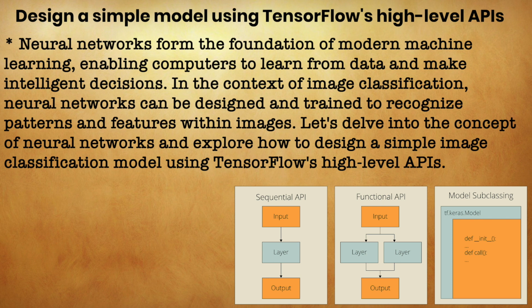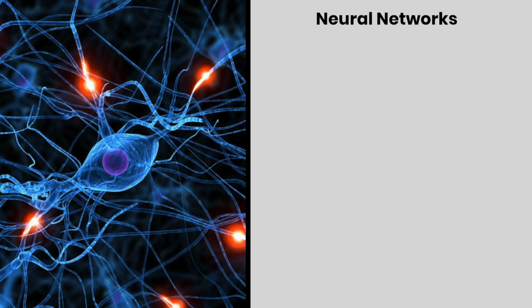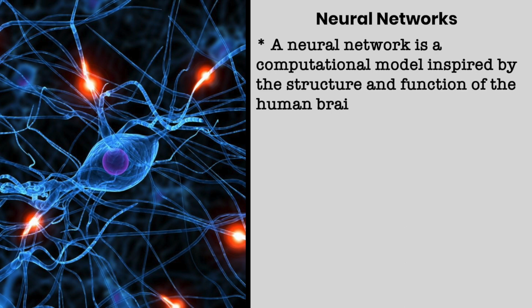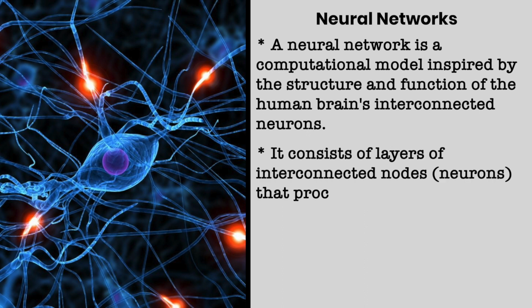Neural network. A neural network is a computational model inspired by the structure and function of the human brain's interconnected neurons. It consists of layers of interconnected nodes, that is neurons, that process and transform data.